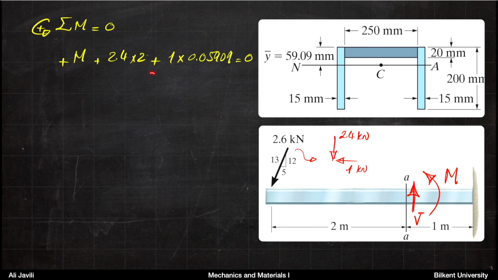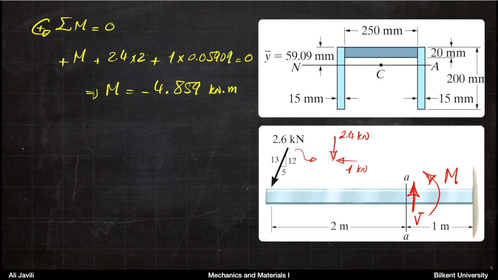So that would also be counterclockwise. So you see a plus sign here times 1, which is the horizontal component, times 59 millimeters, which is the distance from the neutral axis. So doing that, you can see that the moment would be minus 4.859 kilonewton meters.